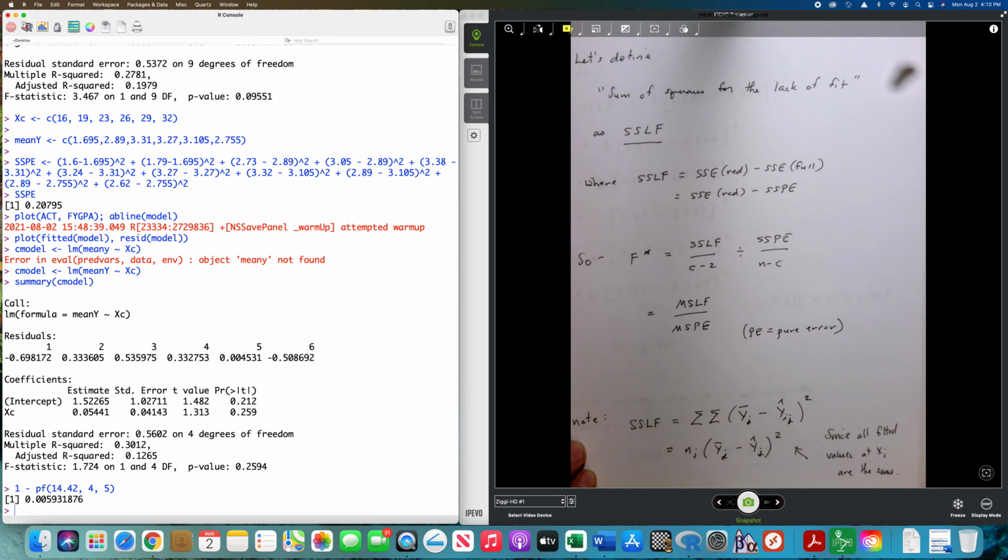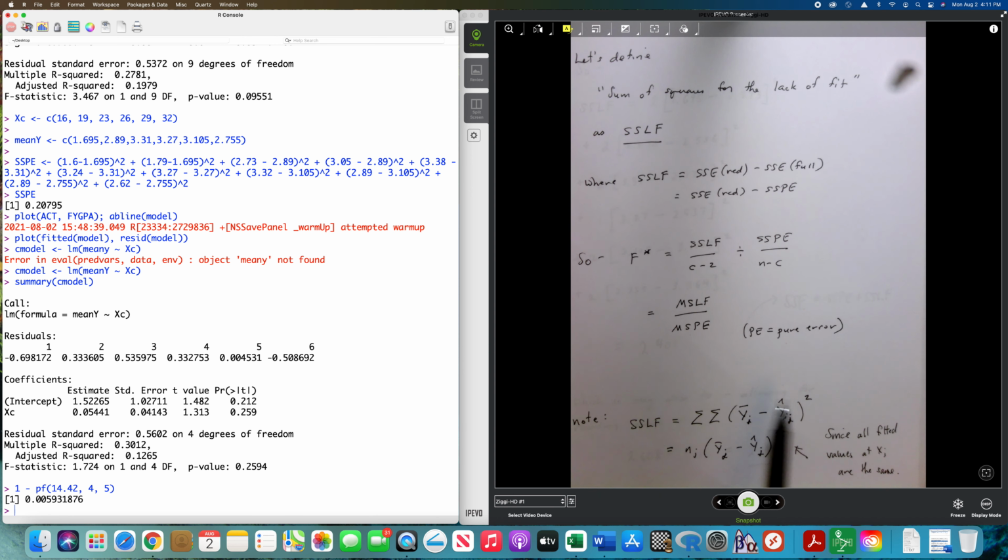So when we have a sum of squares divided by its degrees of freedom, we refer to that as the mean square. So this would be the mean square for the lack of fit, and this would be the mean square for the pure error. So that's technically what the F statistic is. And you'll find that I think calculating the sum of squares for the lack of fit is an easier calculation because we take, again, double summations. We take the mean of the y at each level minus the predicted value of each value, and of course square the deviations.